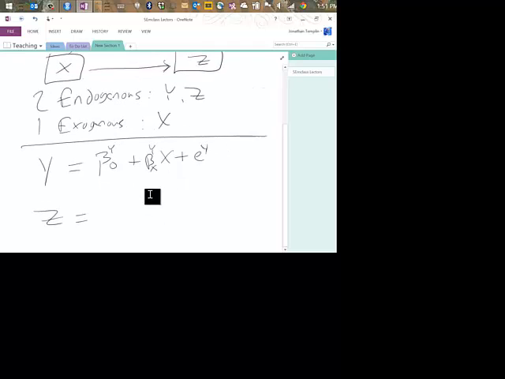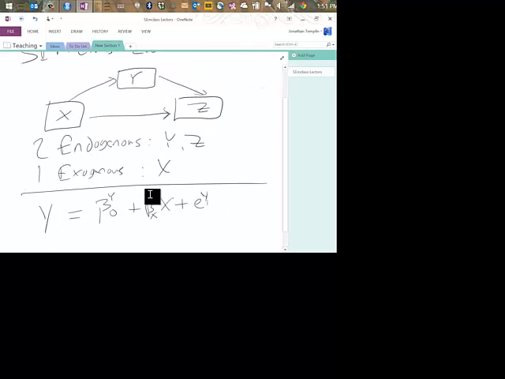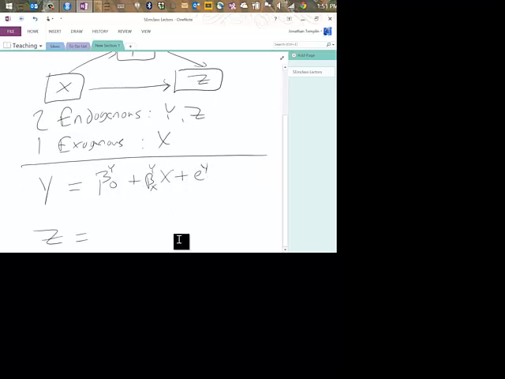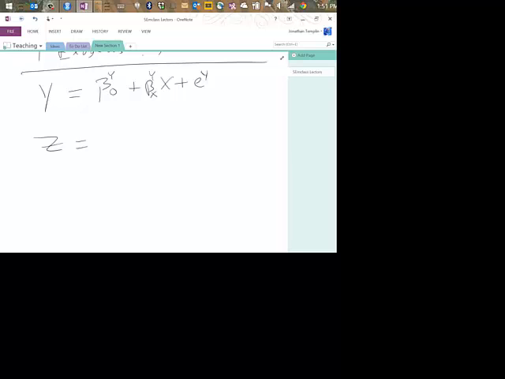All right, so what is the regression line for Z then? Z equals, very good. Beta 0 Z, that's the intercept for Z. I feel like we're on The Price is Right.